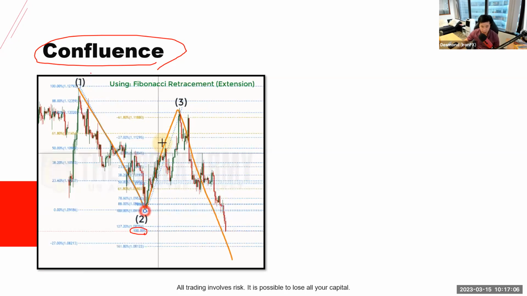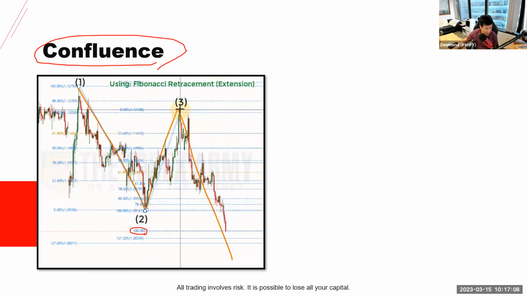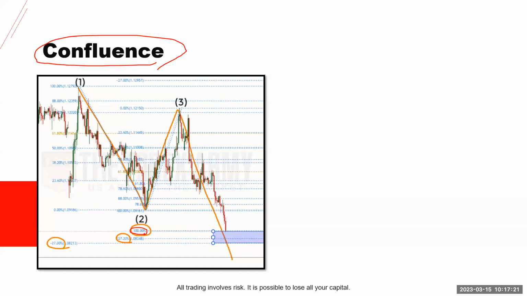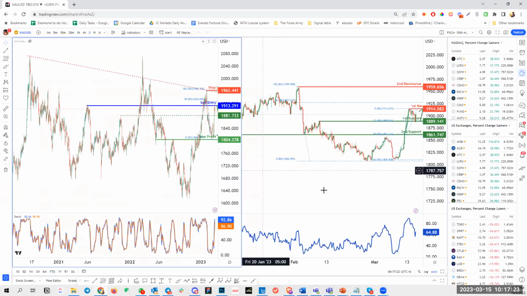Okay, guys. Now let's look at some examples. We'll take some time to look at a couple of examples using Fibonacci confluence. I probably need to turn off my video over here just so that it doesn't mess with the charts.